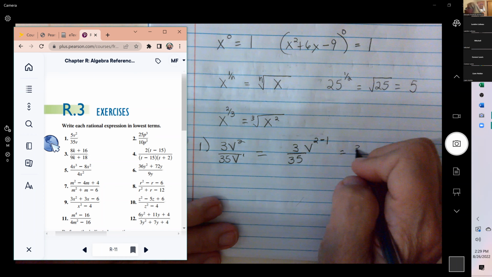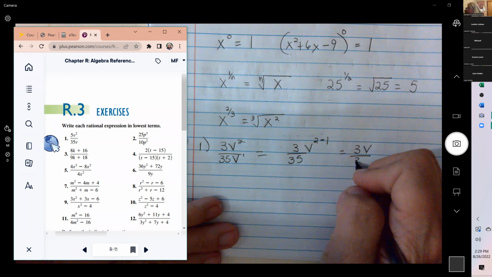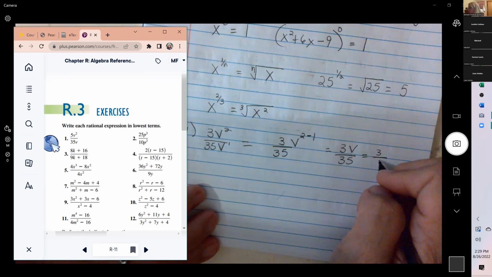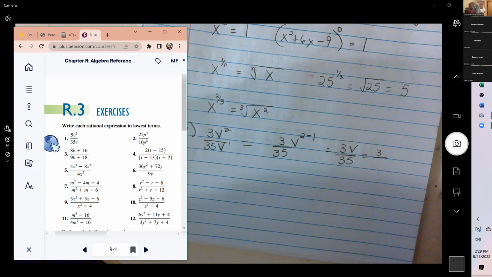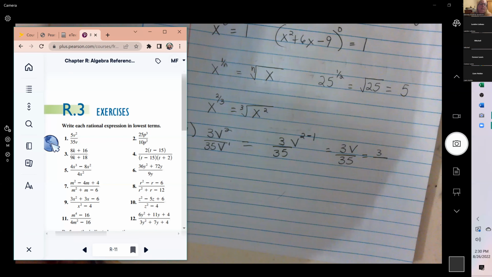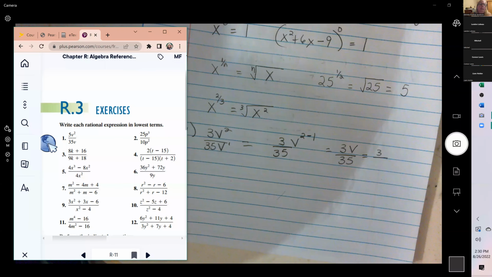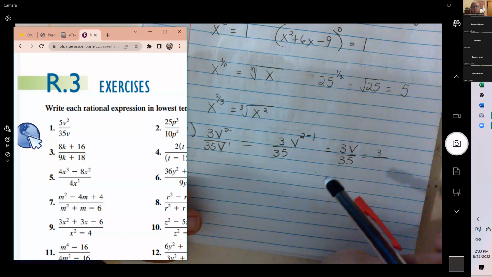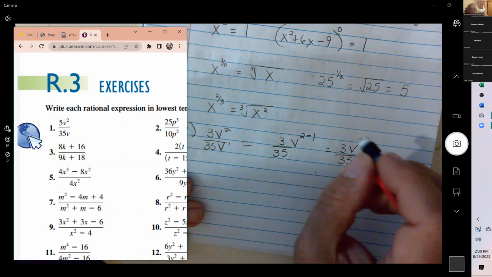So it would be 3v over 35, or you could write it 3/5. It's a 5, not a 3. Oh my gosh. Sorry. I don't know why my glasses were reading it as a 3. And then it will reduce.